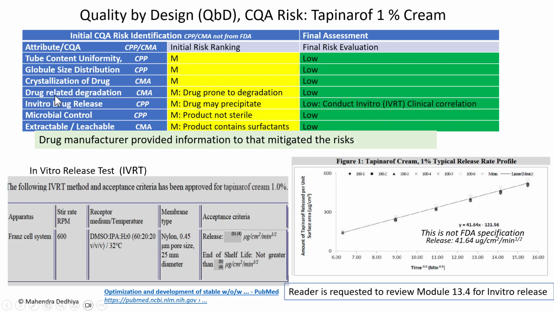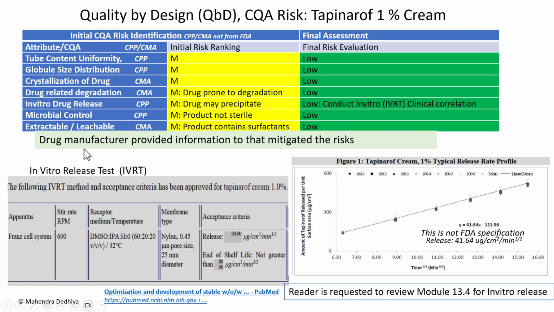Drug-related degradation, and that needs to be mitigated. In vitro release. If drug crystallizes and precipitates, then it will not completely release. And that's identified as medium risk. Microbial controls are generally initially identified as a medium risk since product is not sterile. Extractable, leachable from the container closure system are identified as a medium risk since product contains surfactant.